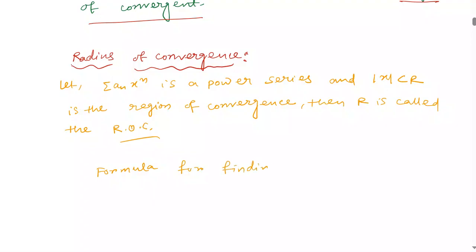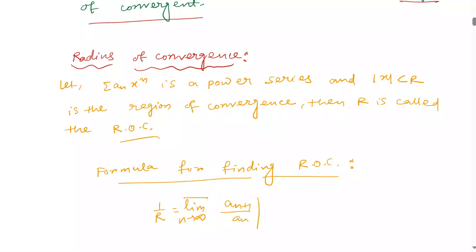And radius of convergence you can find by this formula. What is that formula? 1 by r equal to limit n tends to infinity mod a_(n+1) by a_n. This was ratio test kind of thing, and this one, 1 by r equal to limit of mod a_n whole power 1 by n, is root test kind of thing.